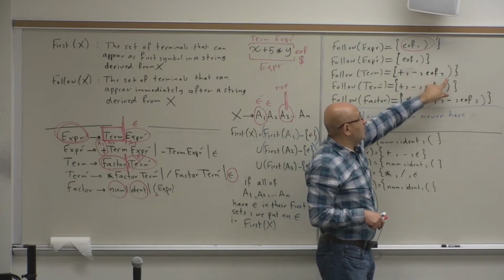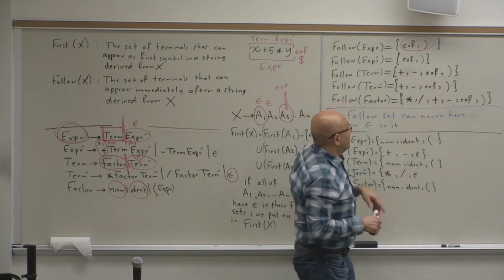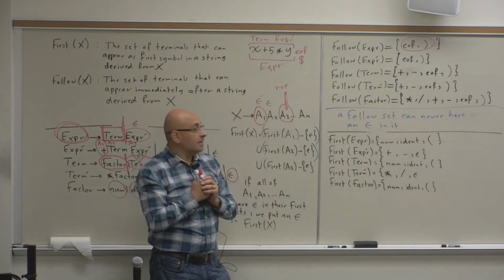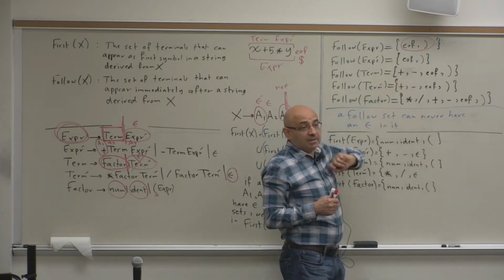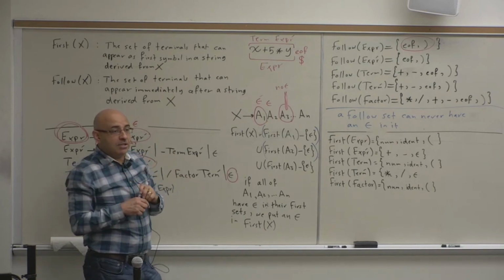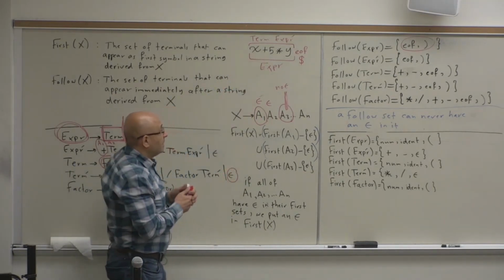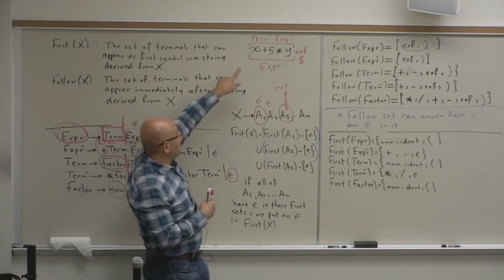Or it can be followed by close parentheses if it's the last term in an expression between parentheses. It can also be followed by a plus or a minus, because the plus and the minus separate terms from each other, right? So this plus separates a term from a term. Does it make sense for a term to be followed by a multiply?